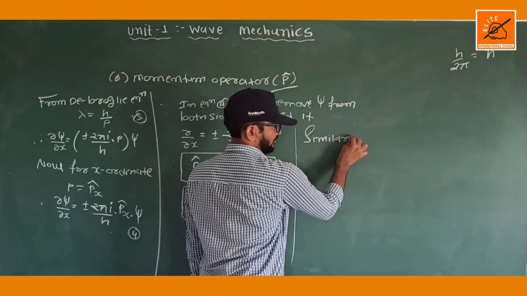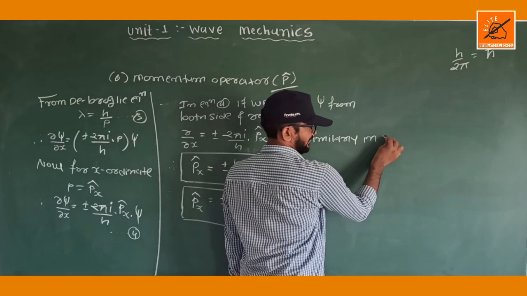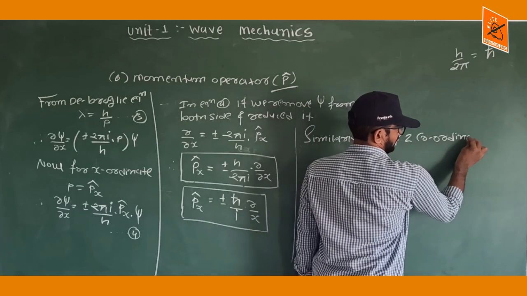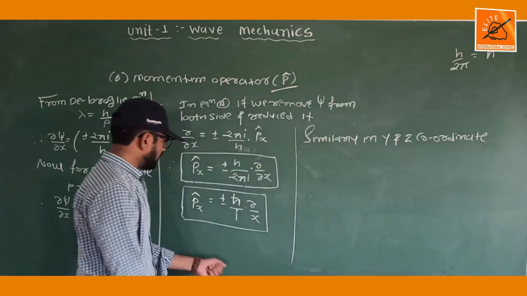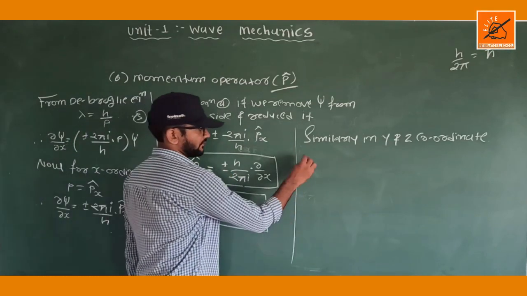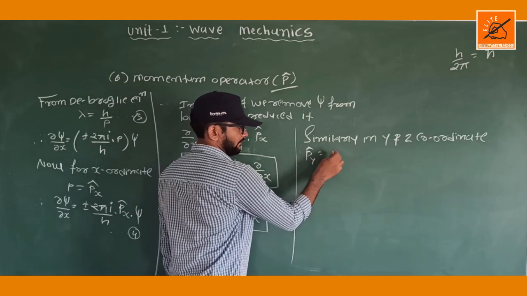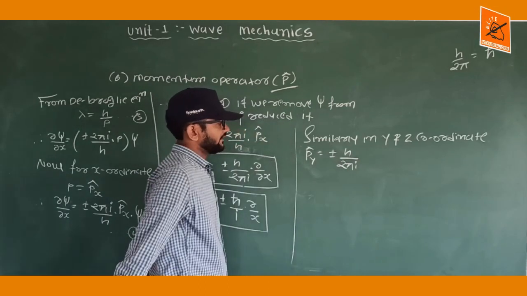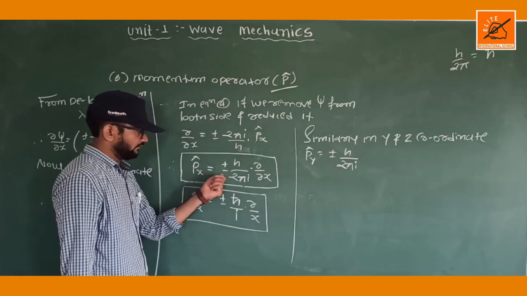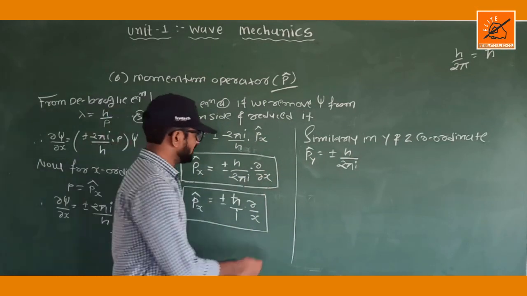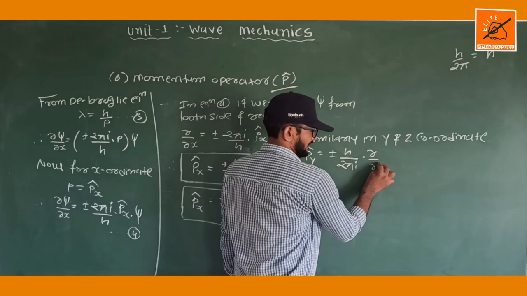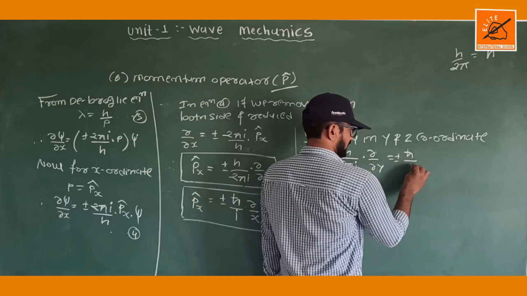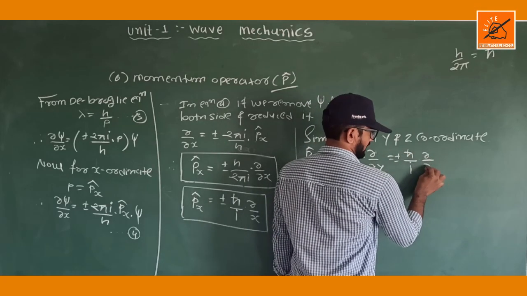Similarly, in the y and z coordinates, now the value of py cap is equal to plus or minus h upon 2 pi i, but in the y coordinate the variable is d by dy, so it becomes h cut upon i into d upon dy.